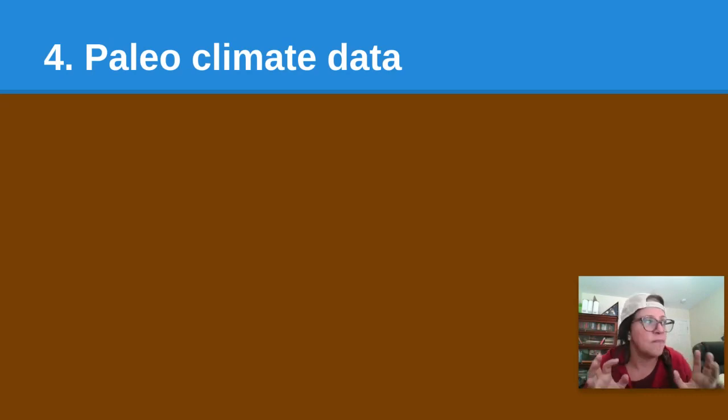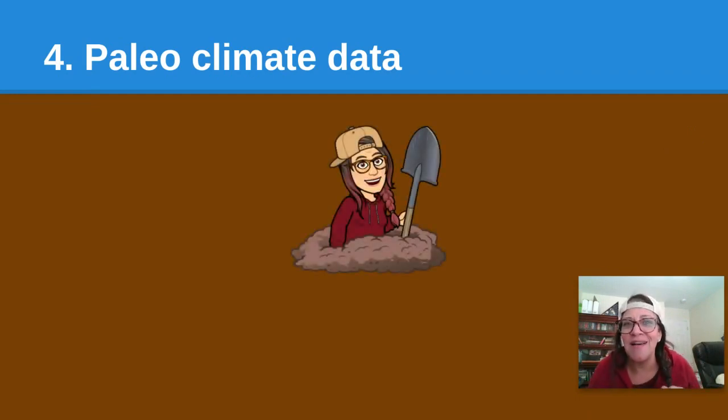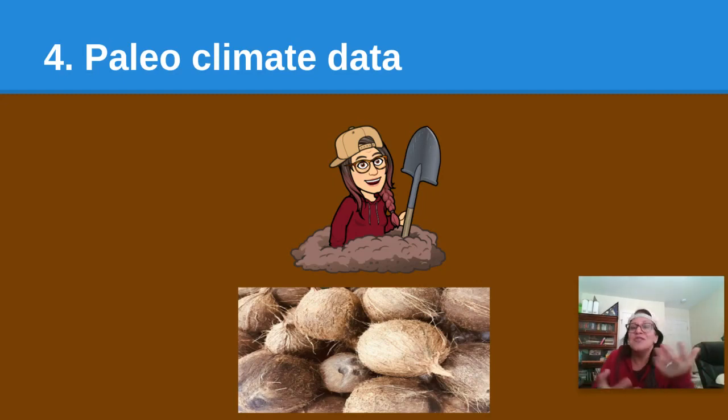Think of it this way. We live in northern New York. It gets really cold here and we get lots of snow. But imagine we started digging in the ground and found, I don't know, a whole bunch of coconuts deep down underneath where we live.